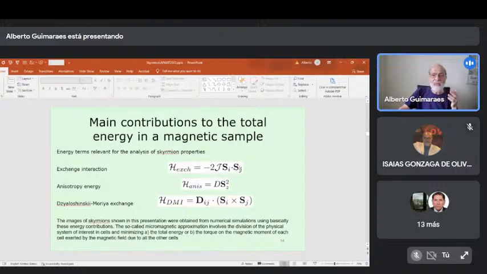They include basically the exchange interaction responsible for the magnetic order, the anisotropy interaction, and an interaction that's not normally discussed. This is a type of exchange, the Dzyaloshinskii-Moriya exchange. From the form of the interaction, we see that whereas the exchange interaction is minimized when the magnetic moments are parallel, here the magnetic moments in the energy minimum are non-parallel. They are perpendicular or non-parallel to each other.